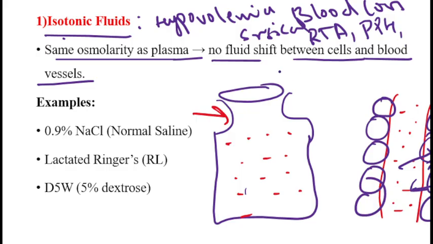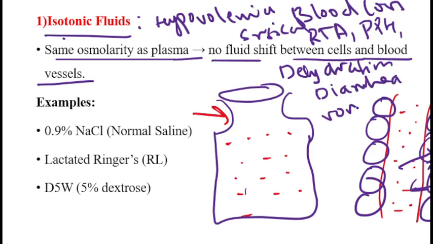They can also be administered in the case of dehydration that is caused by diarrhea or vomiting. In this condition we administer isotonic fluids, because there is no shift of fluid from blood vessel to the cells or from the cells into the blood vessels, as the proportion of electrolytes present in the fluid is the same as in the blood or plasma. And what are the examples for these isotonic fluids?